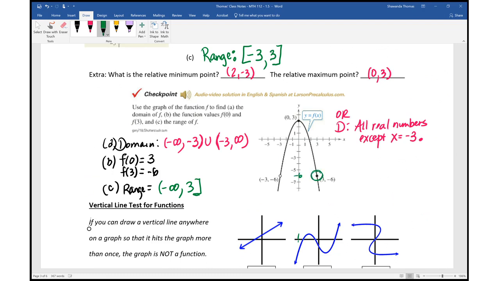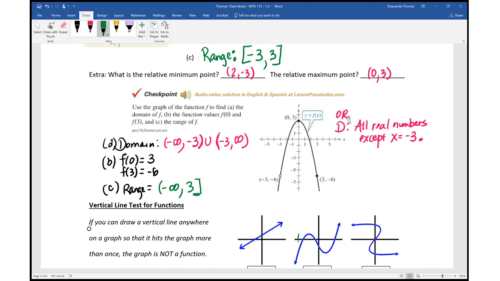This is -6, right? So -6 is actually covered on this end, but not this end. So since this function does cover it when x equals 3, then we do include -6. -6 is inside this interval. So -6 is included in the range.